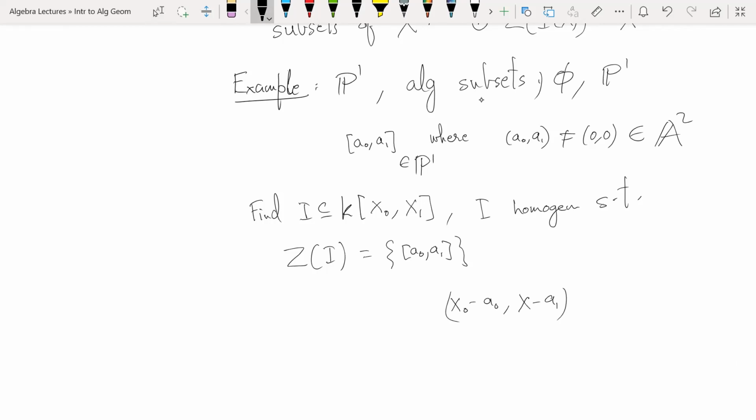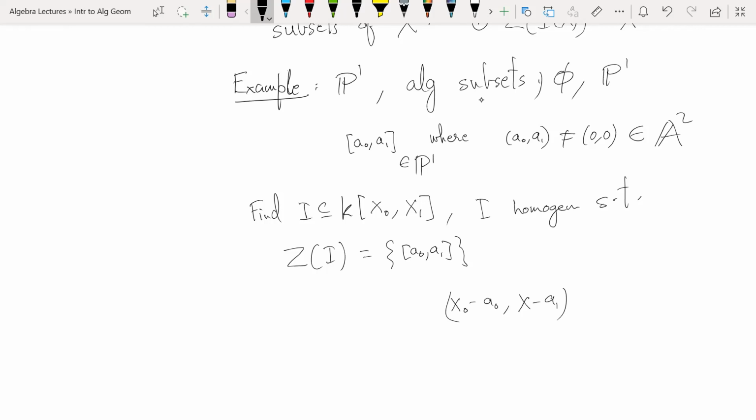Every polynomial which vanishes at (a naught, a1) is actually inside this, because the ideal of definition of this point in A2 is precisely this maximal ideal. But of course, we will have to find a homogeneous polynomial. So which is a homogeneous polynomial in this ideal? Of course 0 is there, but don't give me that. What's another homogeneous polynomial?